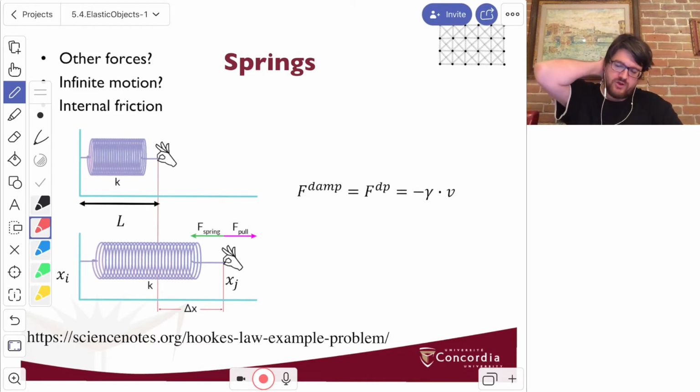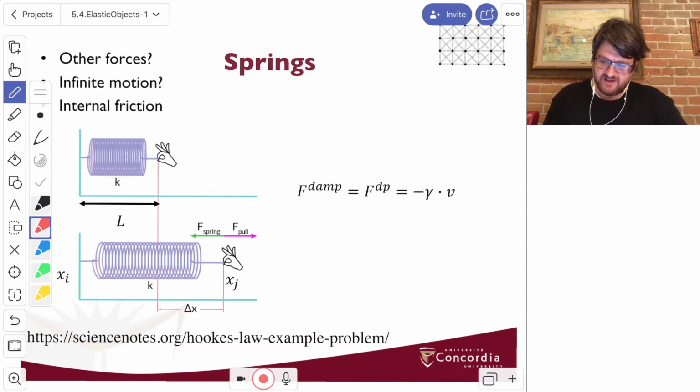We don't model friction very accurately, we just call it a damping force, which depends on the velocity. This damping force is very similar to a friction force, but we simplified it as much as possible.